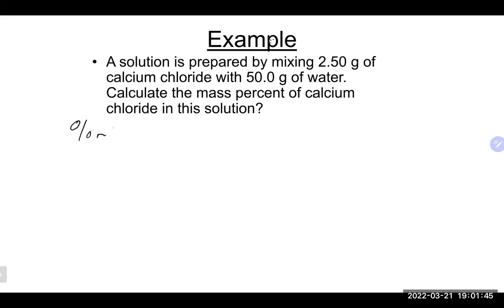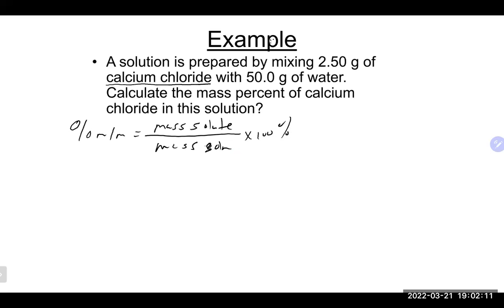So our mass percent is the mass of the solute divided by the mass of the solution times 100%. When we look at this, we made a solution by taking 2.5 grams of calcium chloride and 50 grams of water. So the solute in this case is, which one?